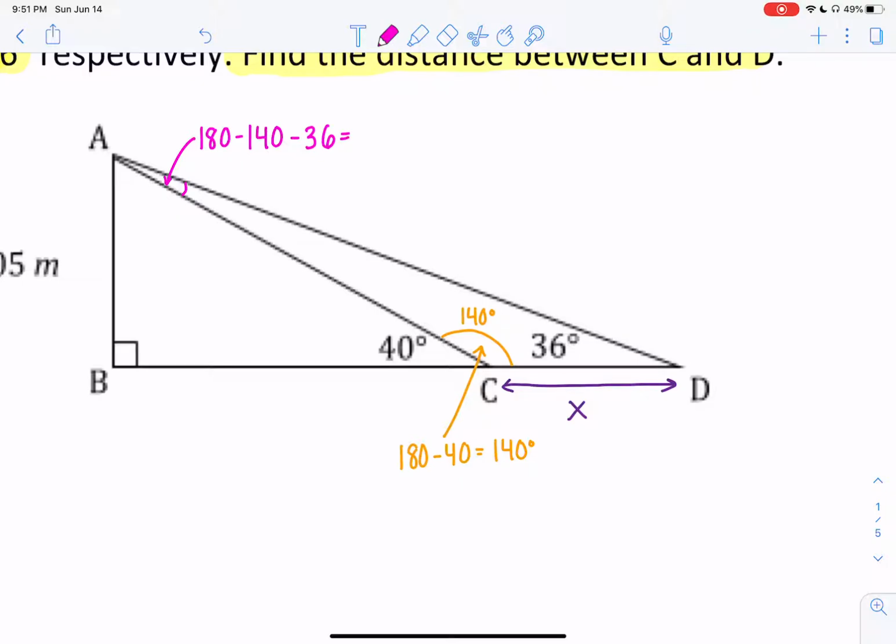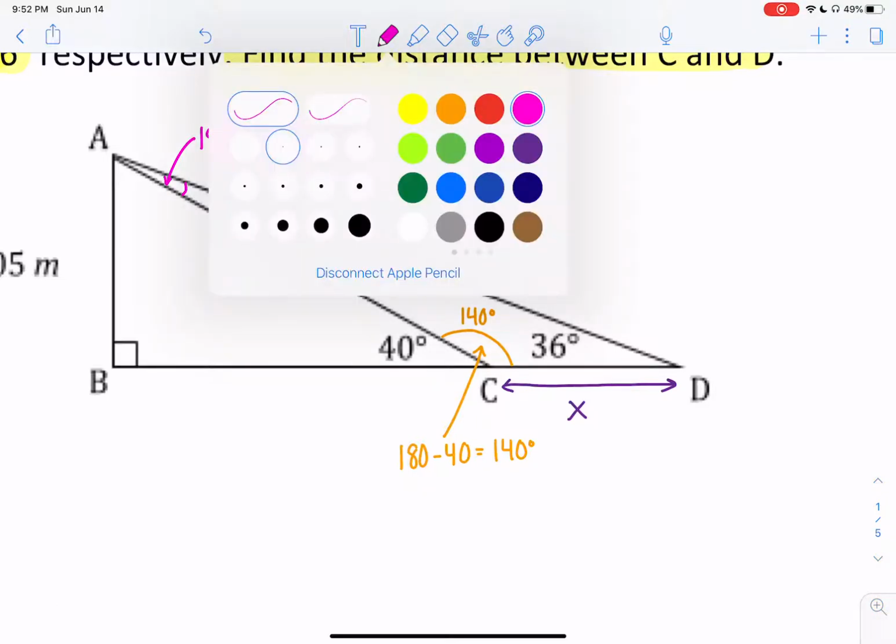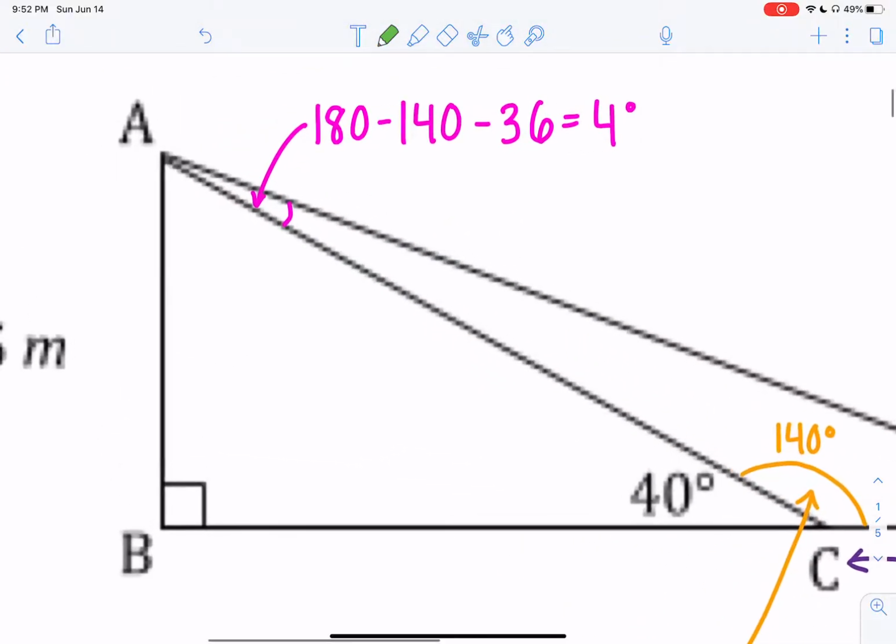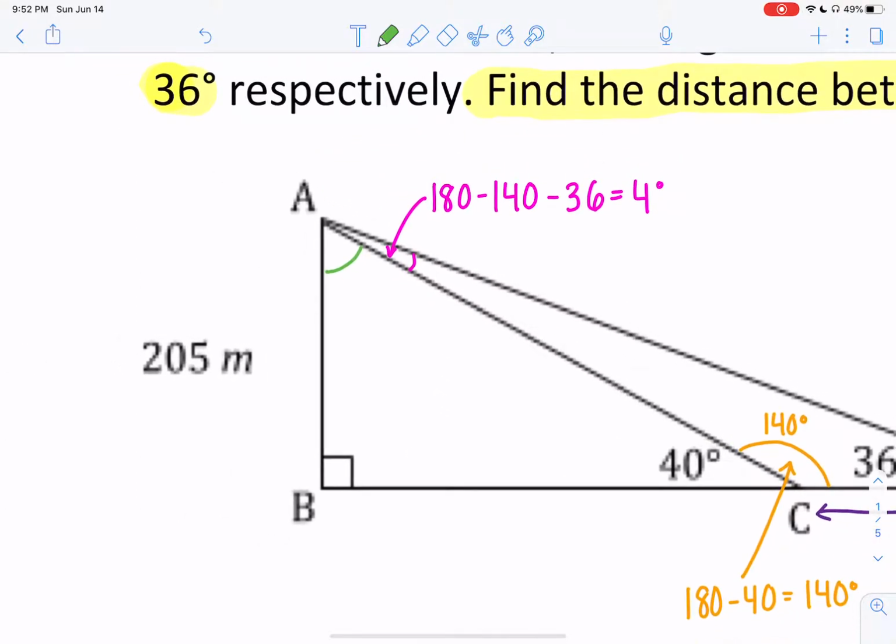So there we're left with 4 degrees. And finally, just to be safe, let's also find this one here in this triangle. So over in this triangle, we have 180, we have that 90 and 40, and that leaves us with 50 degrees.